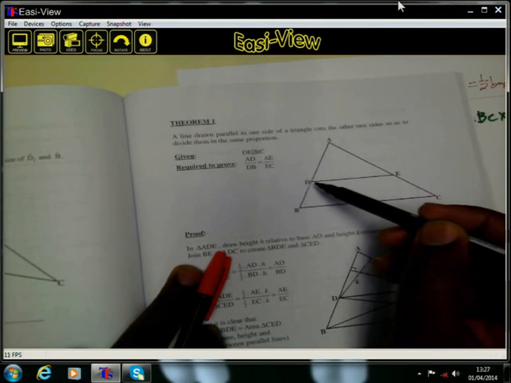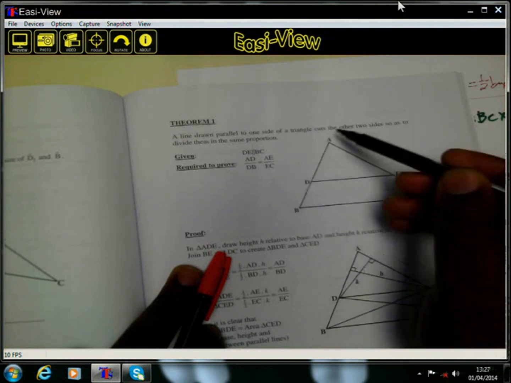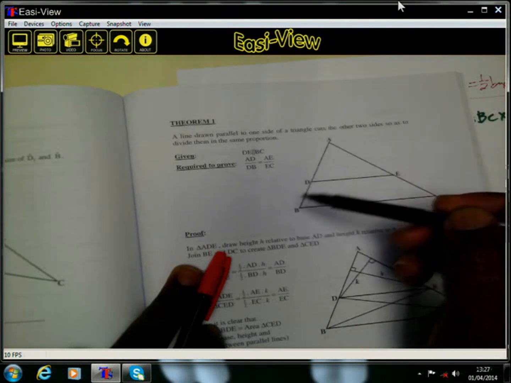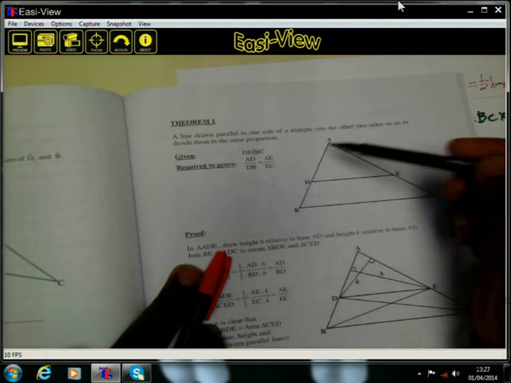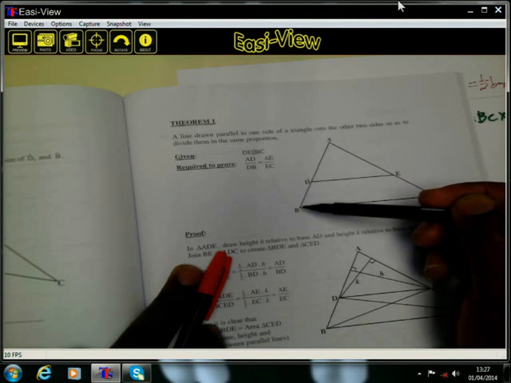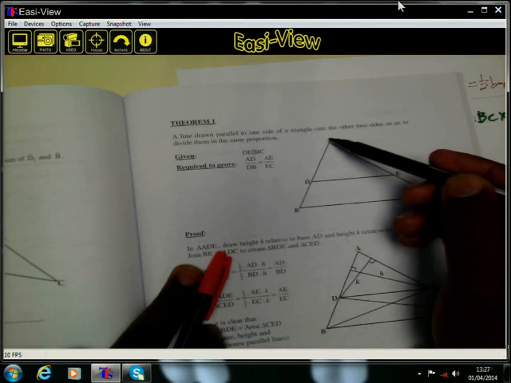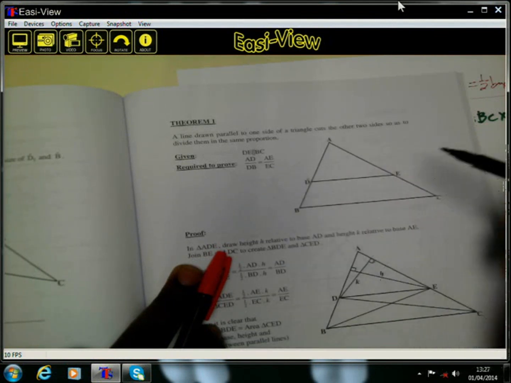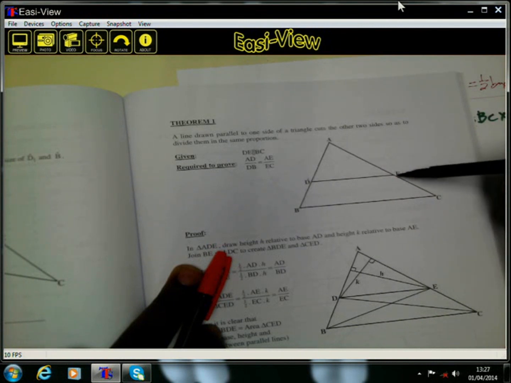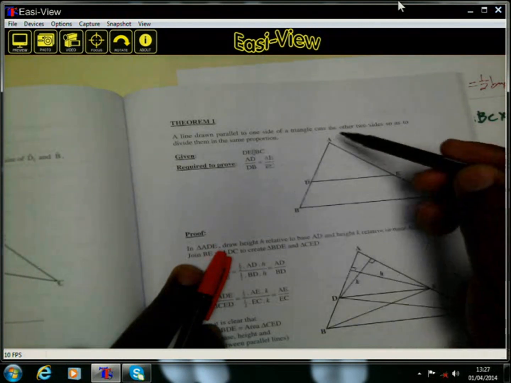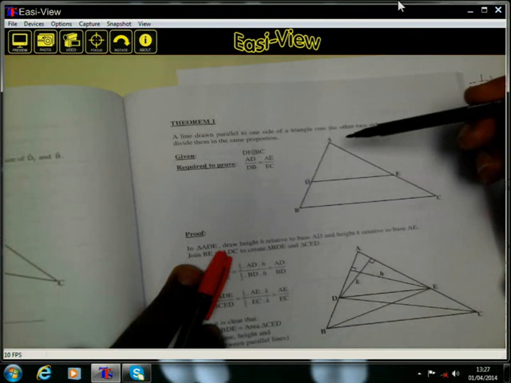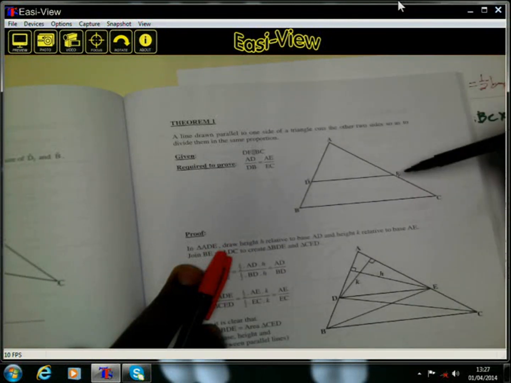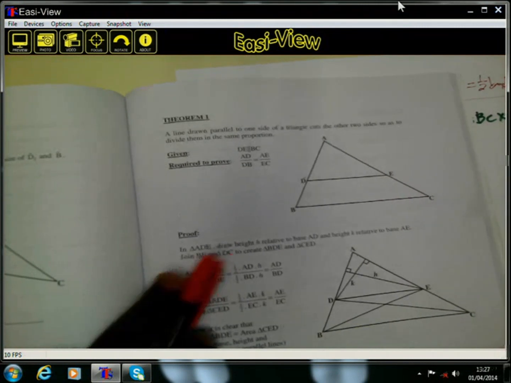Remember, before the extension D, we only had side AB, but because of this, we now have side AD over DB. We must prove that side AD over DB must be equal to, or in proportion with, side AE over side EC. That is what is requested of us.